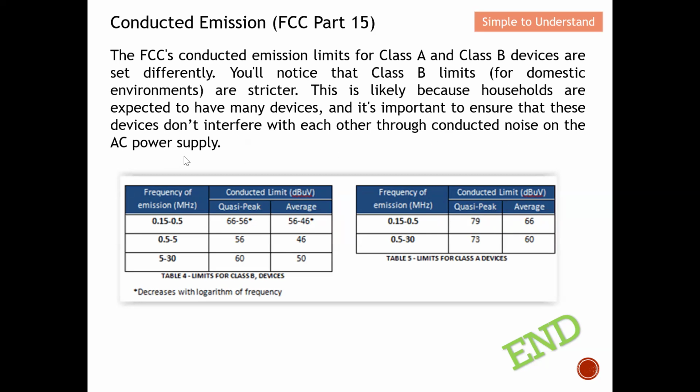In our house we have lots of appliances, and we need to ensure they don't interfere with each other. Hence residential or household equipment typically falls under Class B, which has a harsher limit line compared to Class A.